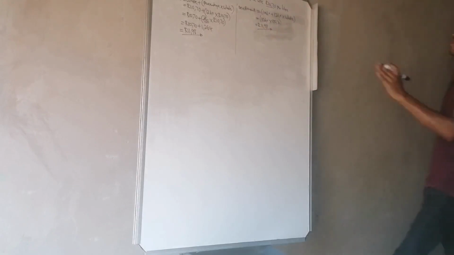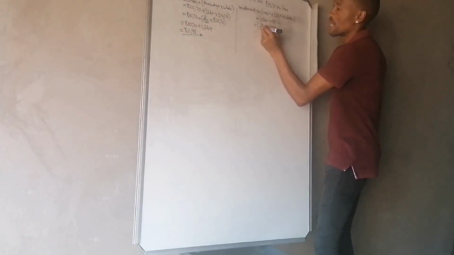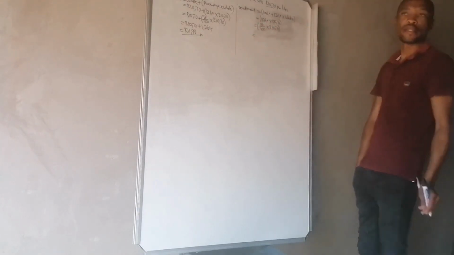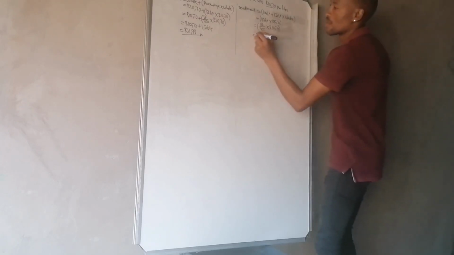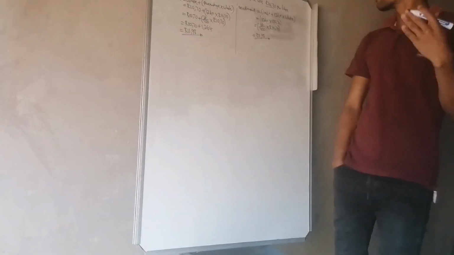That is 112 divided by 100 multiplied by 10 rand 70, which gives 11 rand 98. So this is the second method that we can employ.